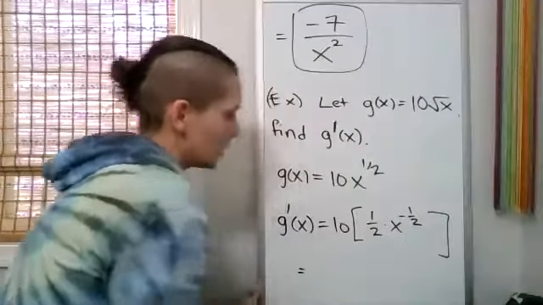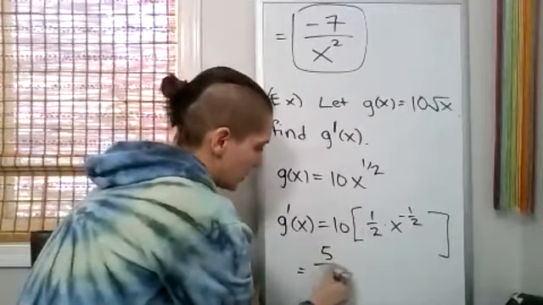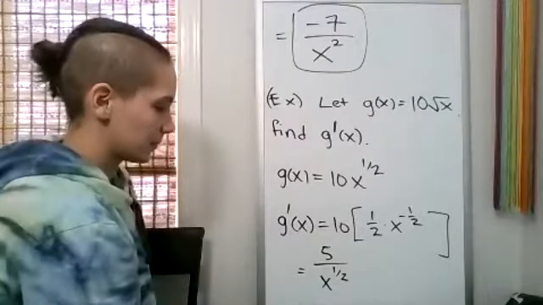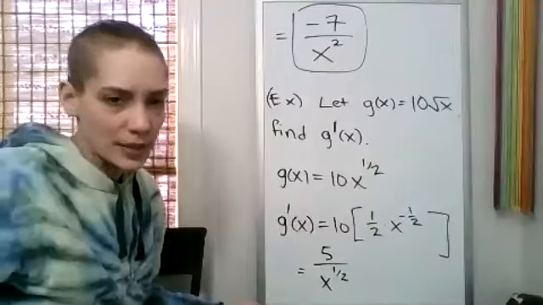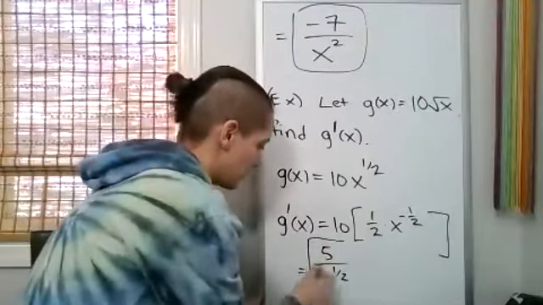And we had this 1/2 times 10 will be 5, and it's over x to a power of 1/2. I think it would look a little nicer if you had 5 over root x. It doesn't really matter that much though.